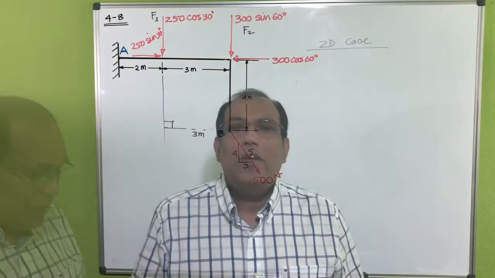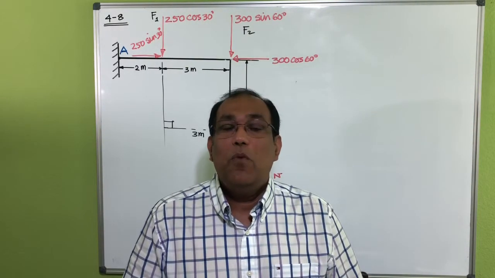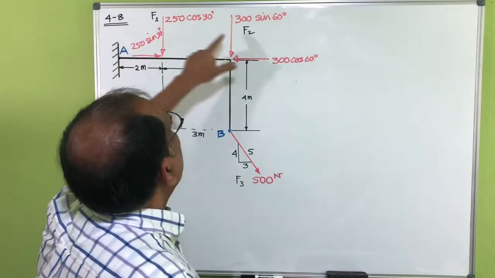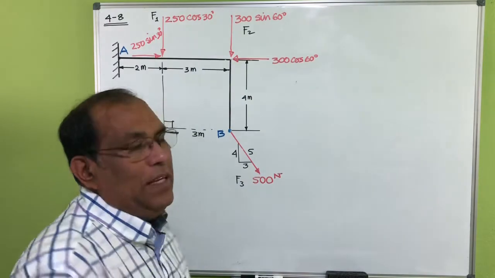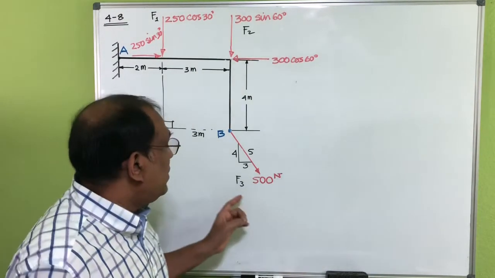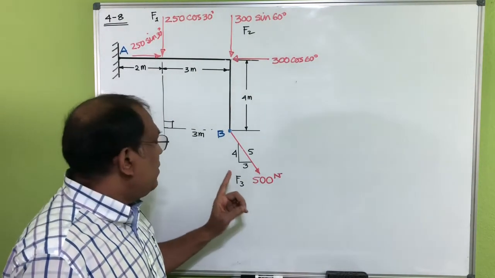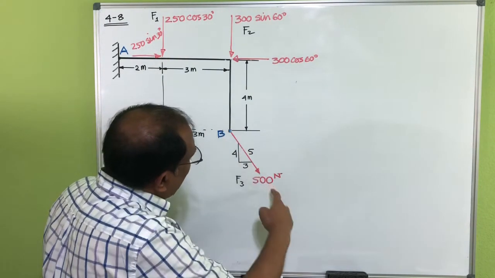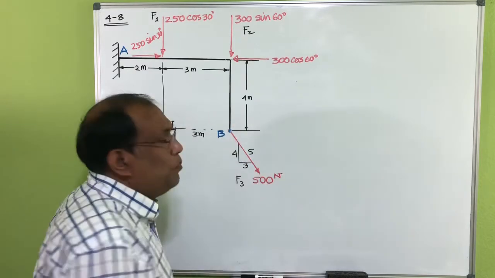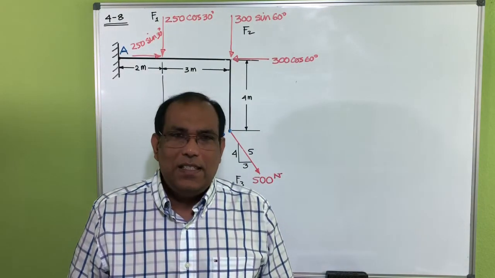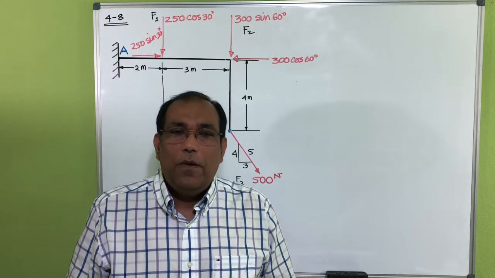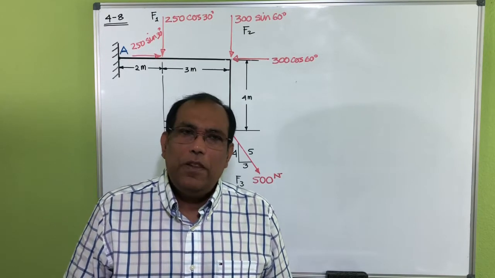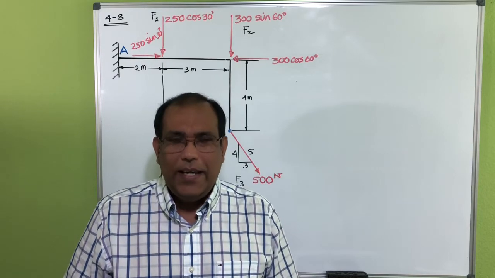Okay, so now we have to find out the moment for each of the forces, the force F1, F2, and F3 at point B. Now, from the observation, you can see the force F3 is basically passing through B, so the distance from B to the line of action of F3 is 0, and the moment for this one would be 0, right?